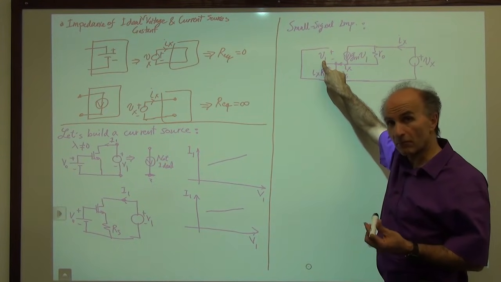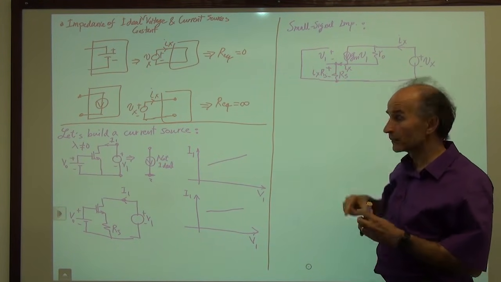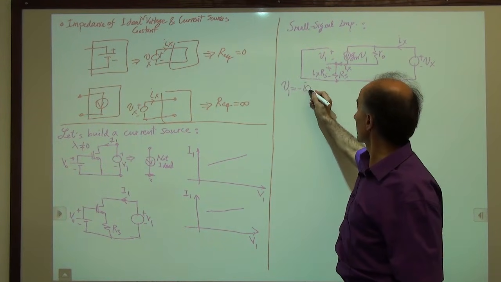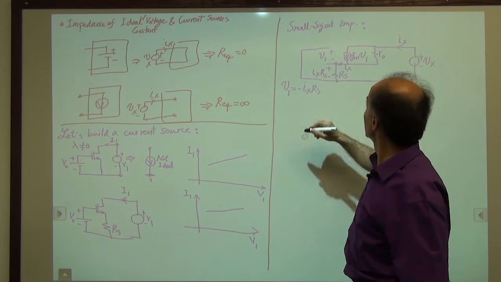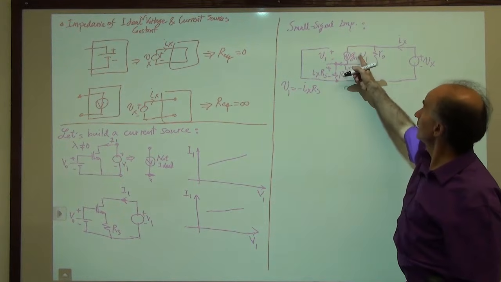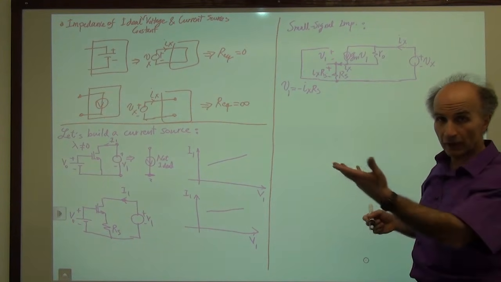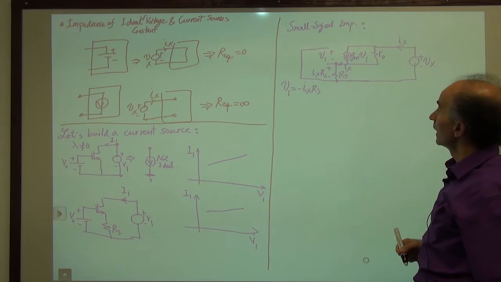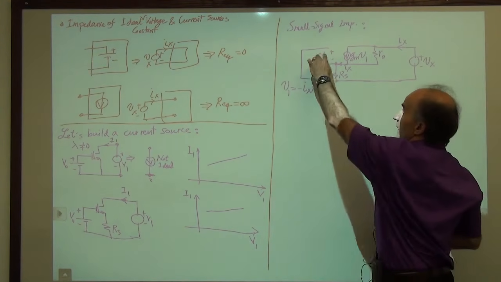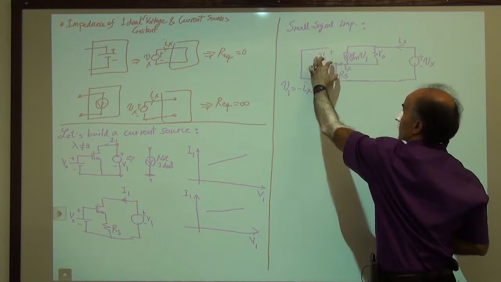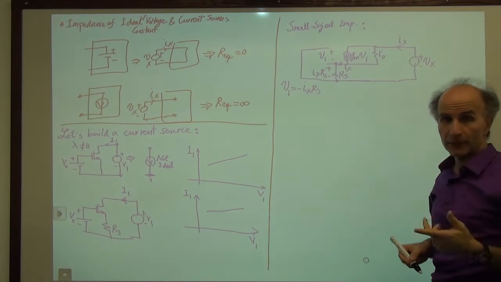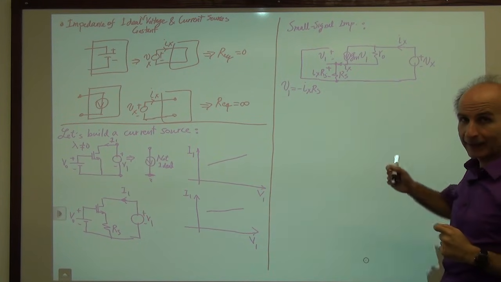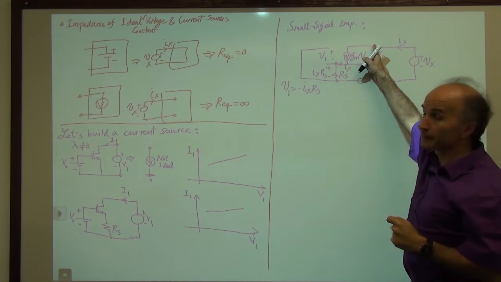So V1 is just minus Ix times RS. So V1 is equal to minus Ix times RS. And this gm V1 now is known. It's gm times this value. So we know that. All right, so this really is a KVL around this loop, right? One voltage, another voltage, and they have to all add up to 0. That's the KVL.